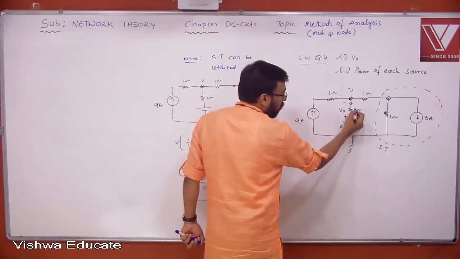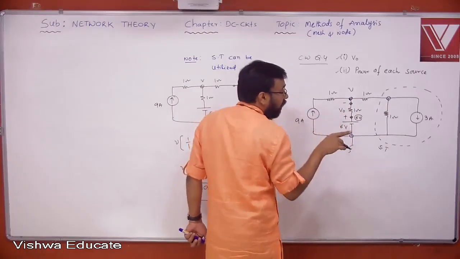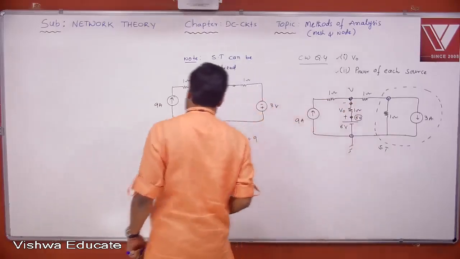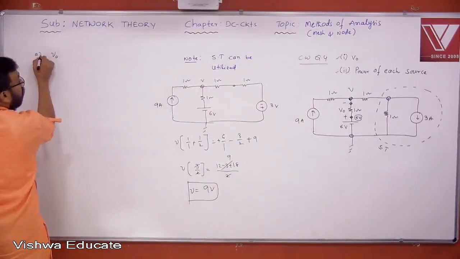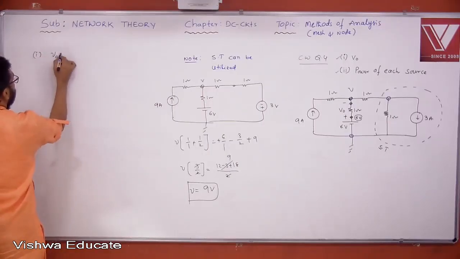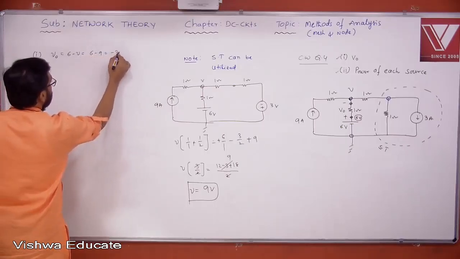Since you want plus minus polarities, better you assume 6 is greater than V. So V0 is equal to 6 minus V, that is 6 minus 9, which is minus 3 volts.